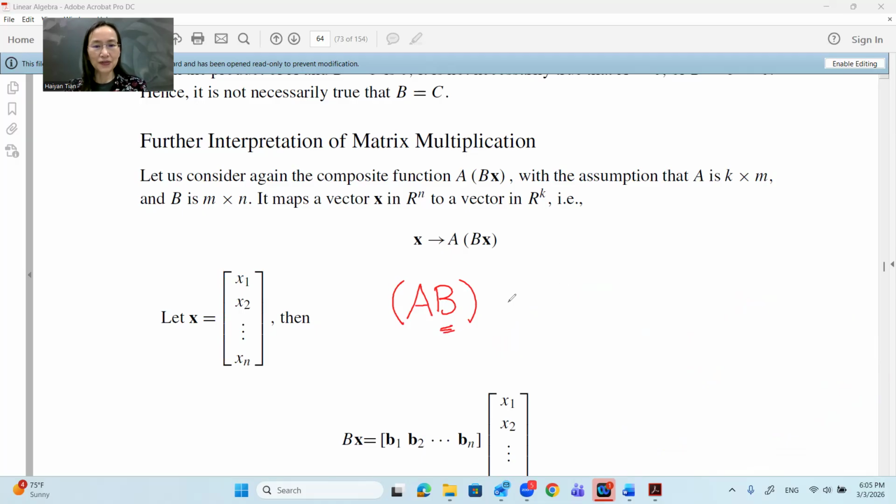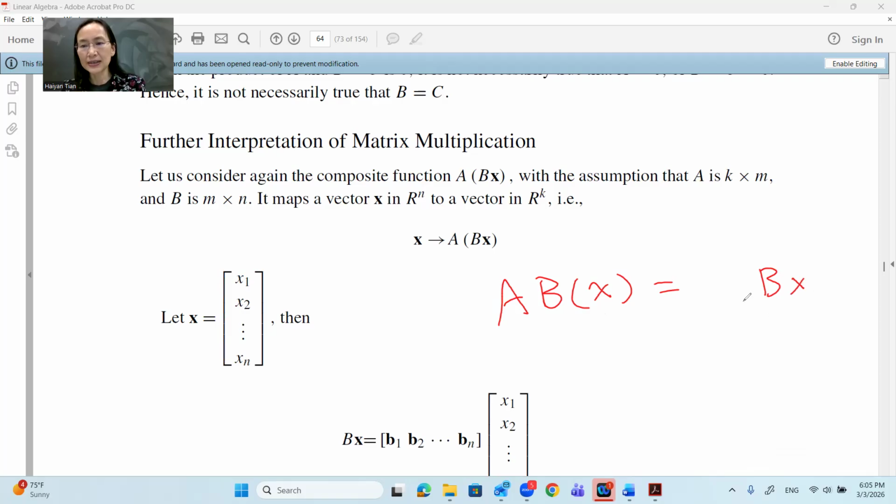That means B is applied first and then followed by A. For whatever input X, if you apply this map onto X, you have to apply B first on X, and then apply A on BX. That is the meaning of this composite mapping.